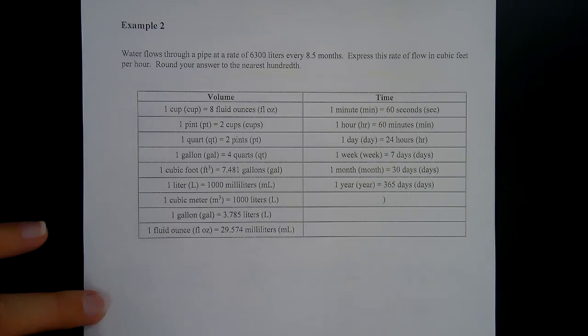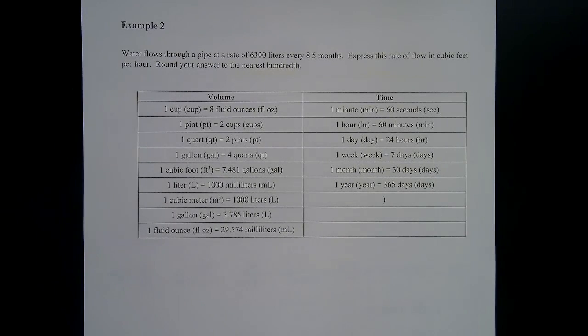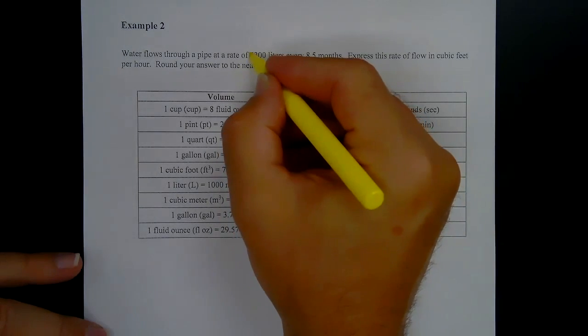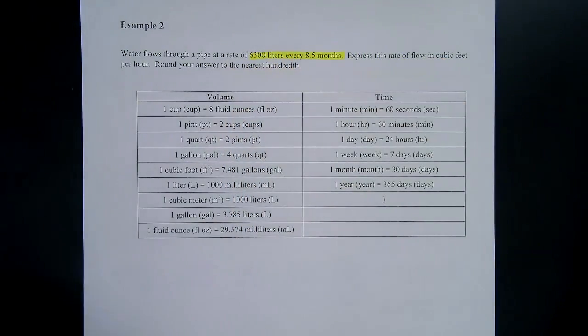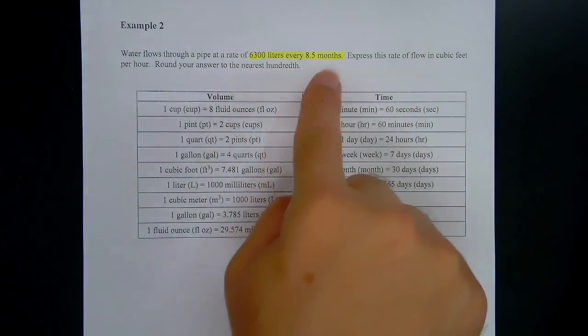Okay, so for this next example, we have water flows through a pipe at a rate, so it's a rate, 6,300 liters every 8.5 months. So those go together. So that's the rate that we're going to start with, 6,300 over, and then it's not 1 this time, it's actually 8.5 months.